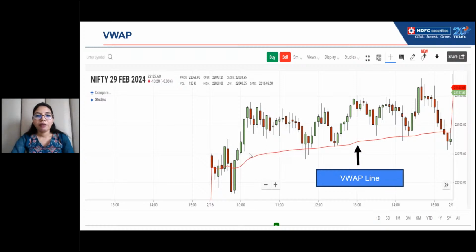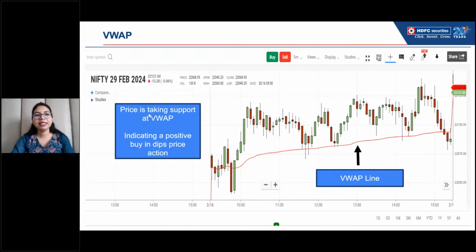Okay, now whenever you are seeing such kind of market, you can plan your entries near to the VWAP. All right, see, price is taking support at VWAP, indicating a positive buy and dips price action. All right, so इसमें ये तो 5 minute का चार्ट है, लेकिन you can see how beautiful is that price pattern, correct?